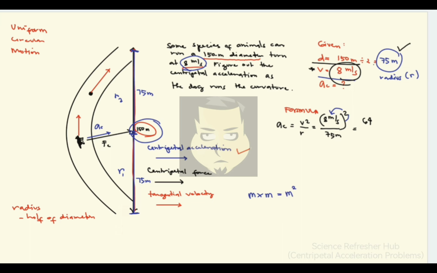And we also have second, so second times second, that's second squared. So we can write it as 64 meters squared over second squared. Don't forget, we will still be dividing it by the radius, 75 meter, and we can cancel units now.